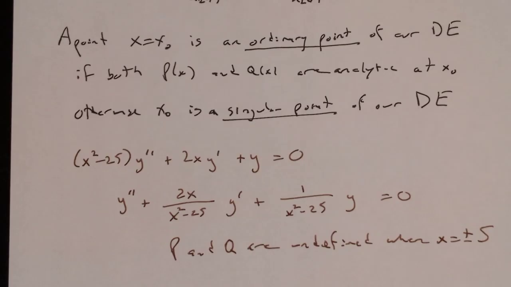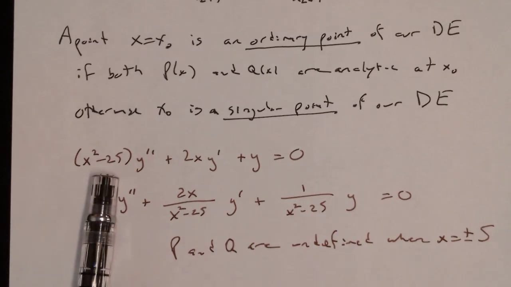It is possible that P may have different singular points than Q, but we're going to take all of them all together. Whether it's a problem with P or a problem with Q, it's a problem for either one, that's a singular point. By the way, since all of the coefficients here were polynomials, all I really need to look at is where this is 0, since that's what I'm going to divide by, right?